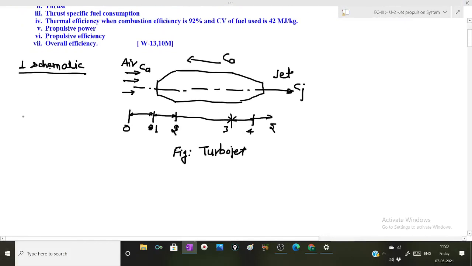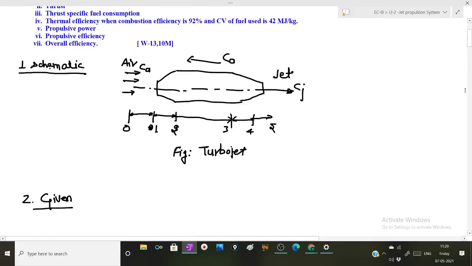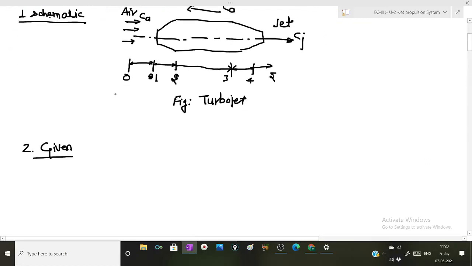After that, let us enlist all the given things. So as you can see here, mass flow rate of air is given. This vehicle velocity is nothing but 1000 km per hour, and exit velocity of the jet, that is Cj, is given as 651 meter per second, and some of the parameters are given in between. So I can sum up here.